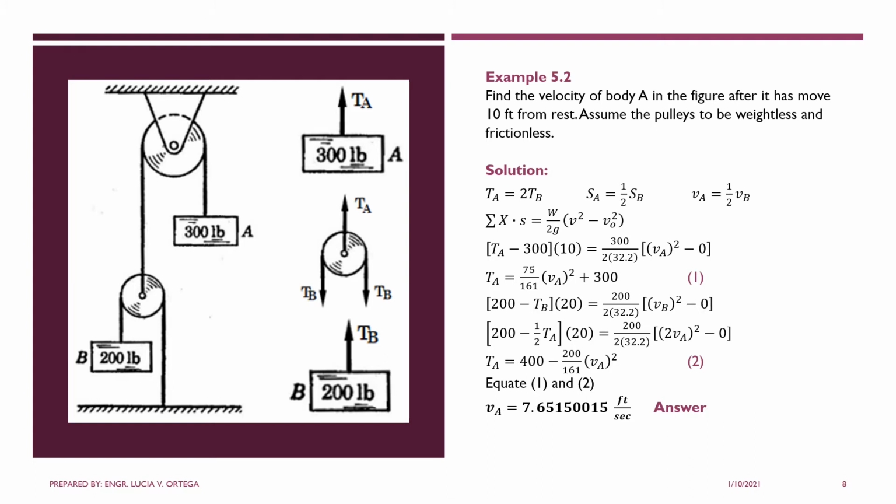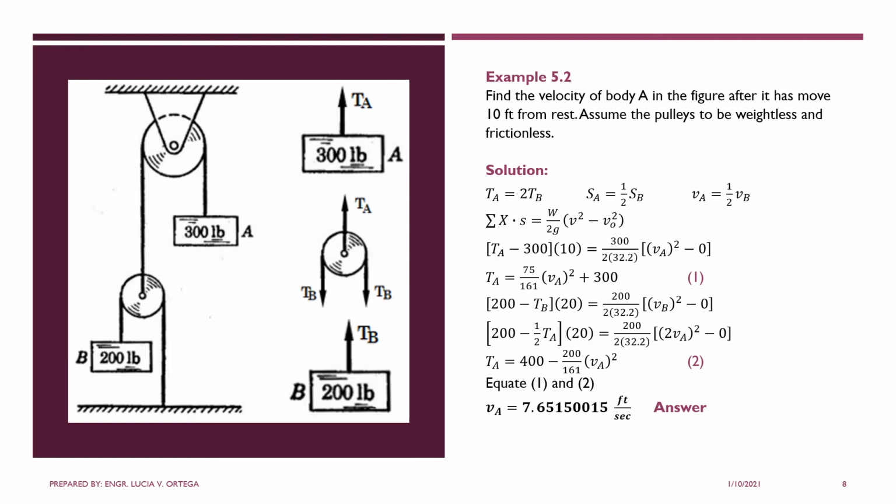Then apply the work energy equation to block B. The motion is downward, so the weight would produce positive work, and the tension would produce negative work. 200 minus T sub B times 20, since the distance traveled by B is twice the distance of A, equals the weight over 2G times v sub B squared minus 0.